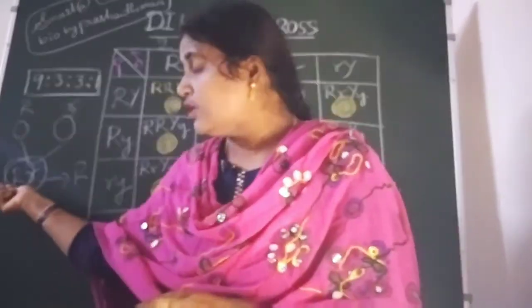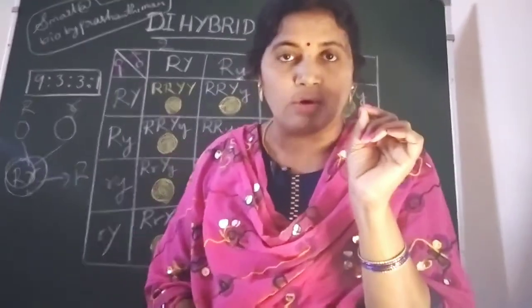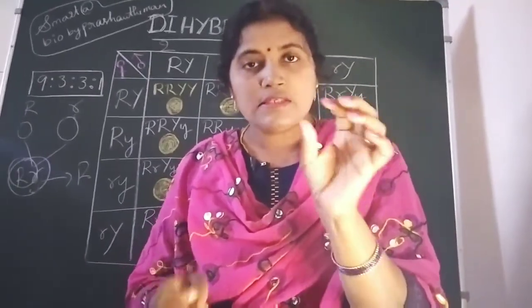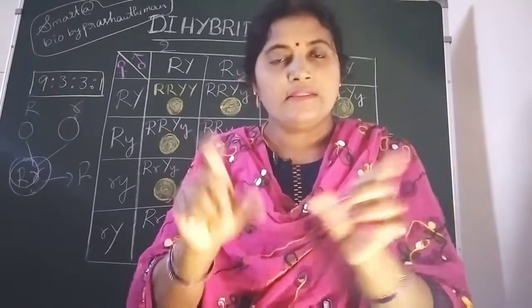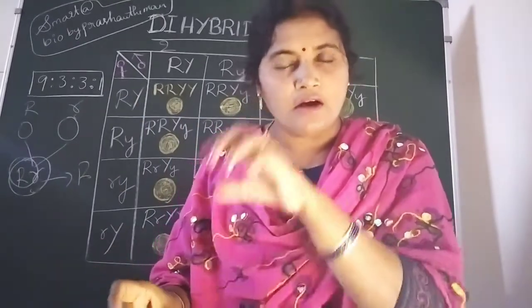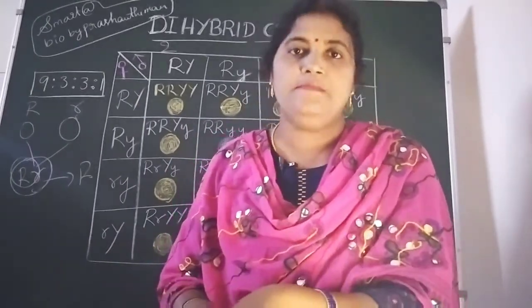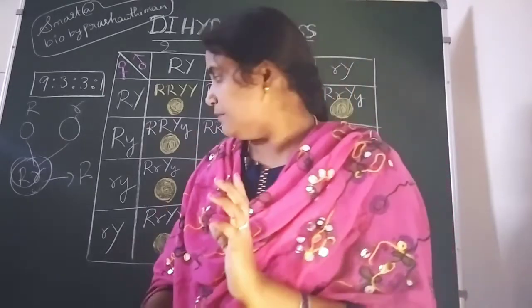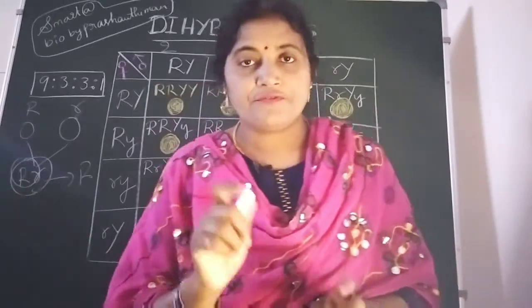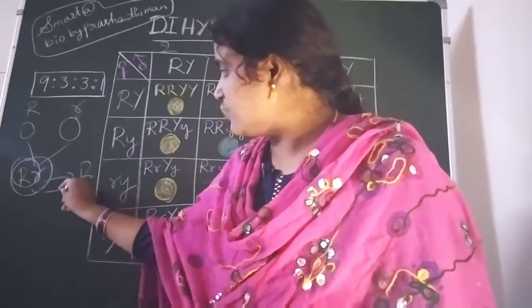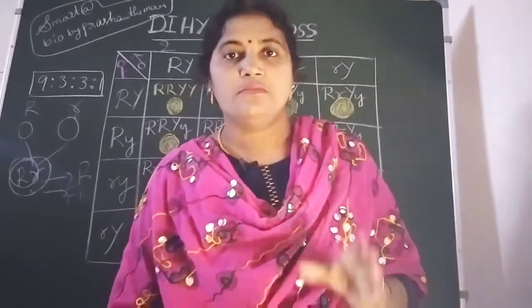So here the phenotypic character is round. With the presence of one capital R, the complete offspring will get the same character. So that is what the F1 generation means.